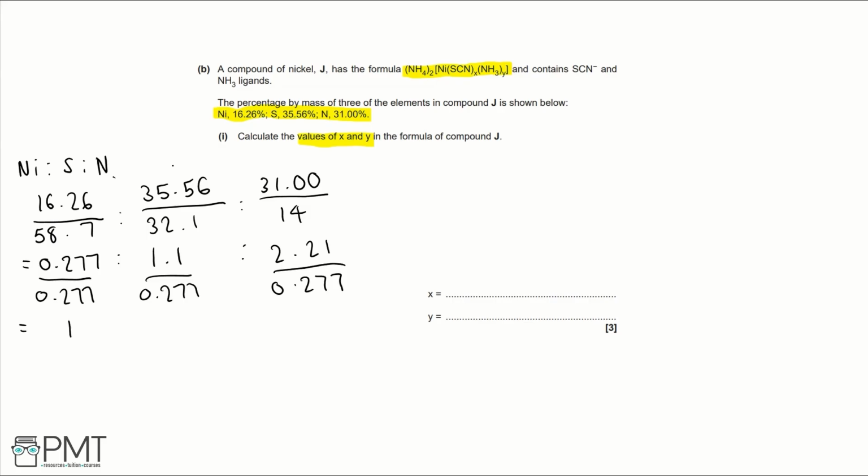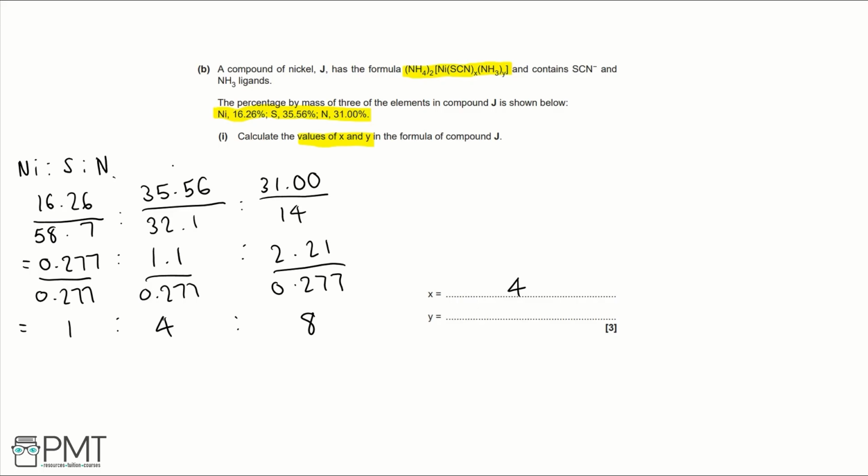So this equals 1 to 4 to 8 as the ratio of nickel to sulfur to nitrogen. So then we know that X is going to be equal to 4 because the only place we have sulfur is where X is, and there are 4 sulfurs, so X must be 4.